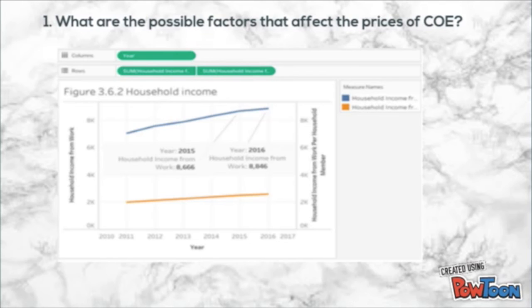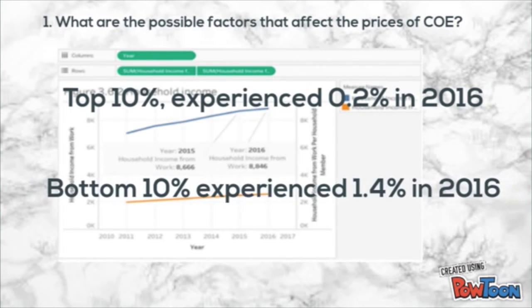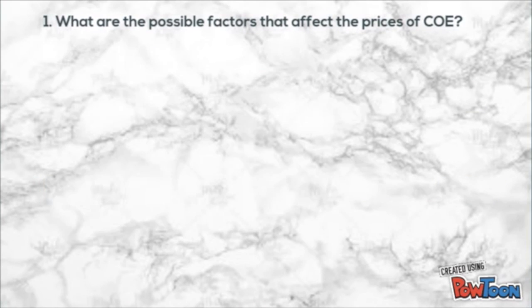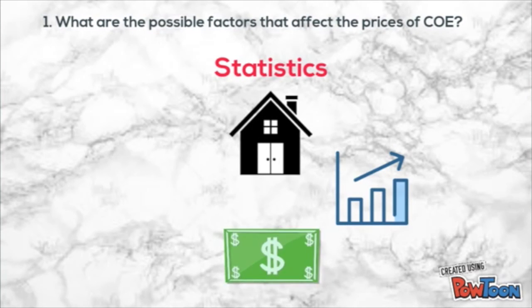The article also states that the top 10% of the population experienced a growth of 0.2% in 2016, while the bottom 10% of the population experienced a growth of 1.4% in 2016. These statistics show that the household income is increasing generally. This will mean that there will be an increase in the amount of disposable income per household in Singapore.